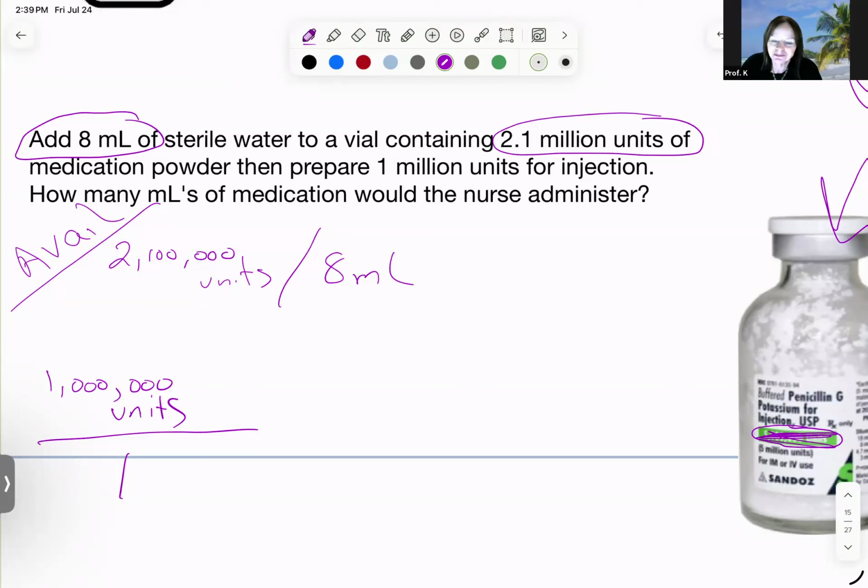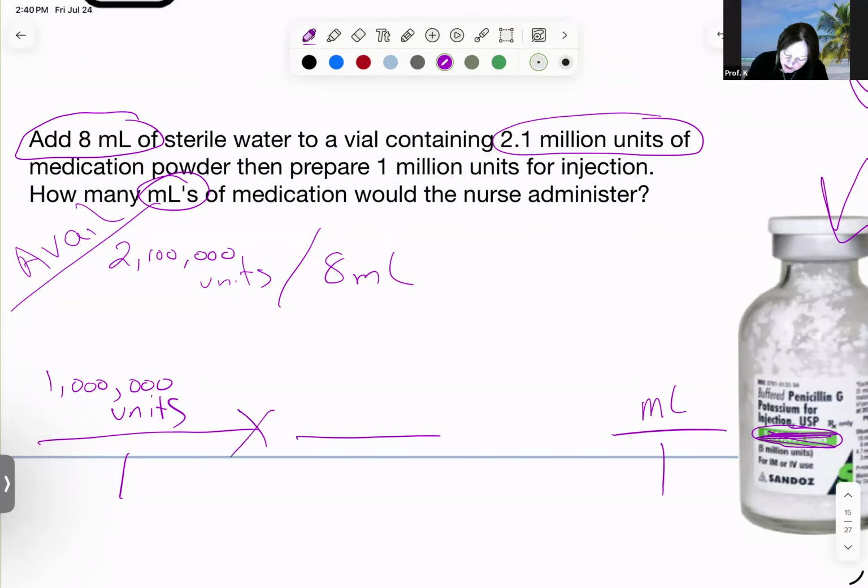So I will never write units next to my zeros because I don't want to mistake it for a 0. So now I have 1 million units as my given. And what is my wanted? Milliliters. It says how many milliliters are you going to give?